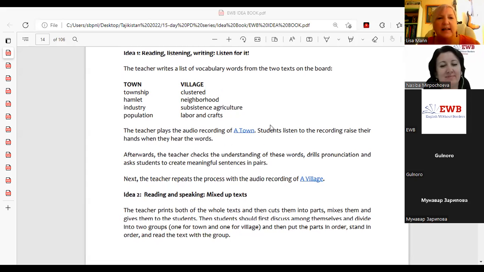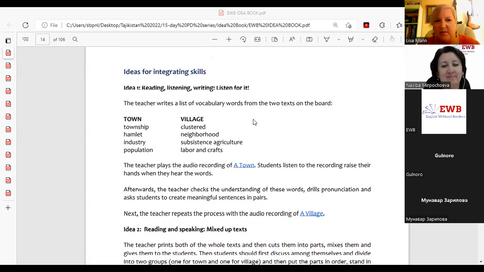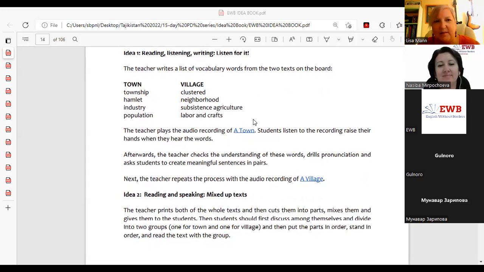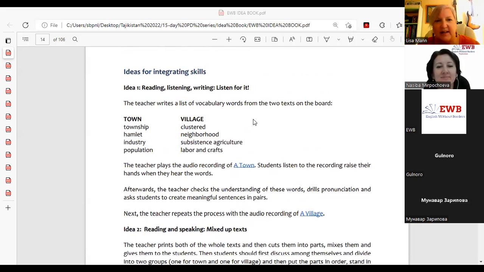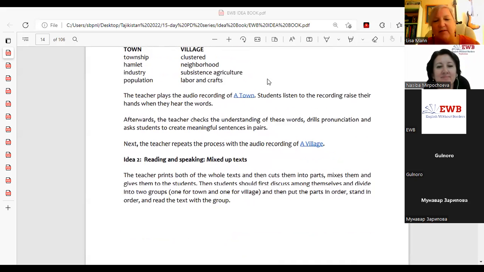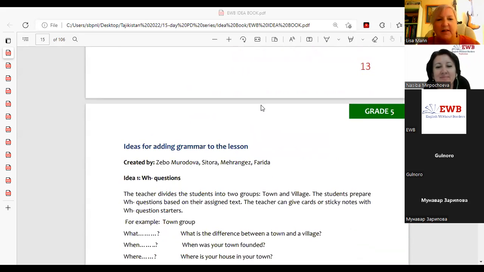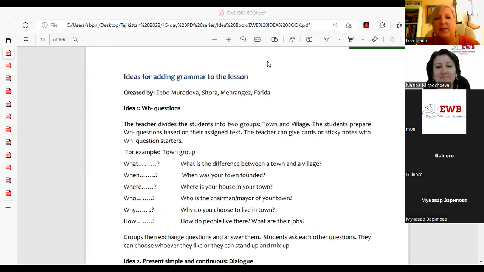And so we have some reading, listening, and writing here in this lesson, reading and speaking, different ideas. Also, the Tajik textbooks don't contain a lot of grammar. And so we thought of ways to add grammar to the lesson, still within the same context, right? So with the same topic, but adding grammar in, right?